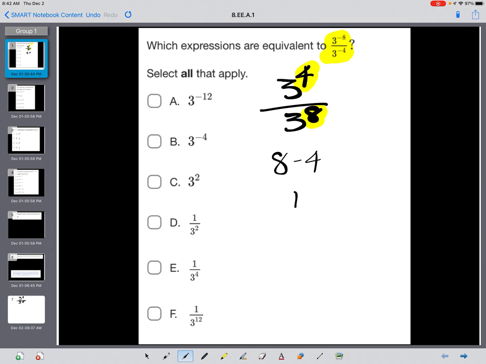So you'll have 1 over 3 to the 4th power, essentially dividing these numbers, and that's done simply by subtracting the exponents. So we have now not only written the expression without negative exponents, but we've simplified it here with this 1 over 3 to the 4th power.